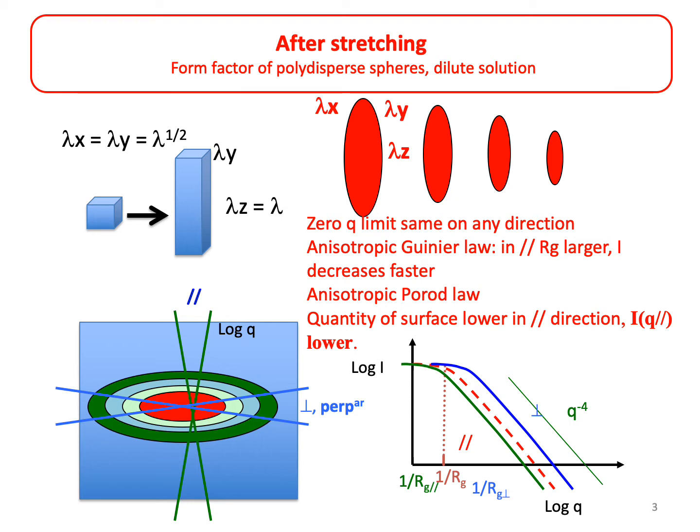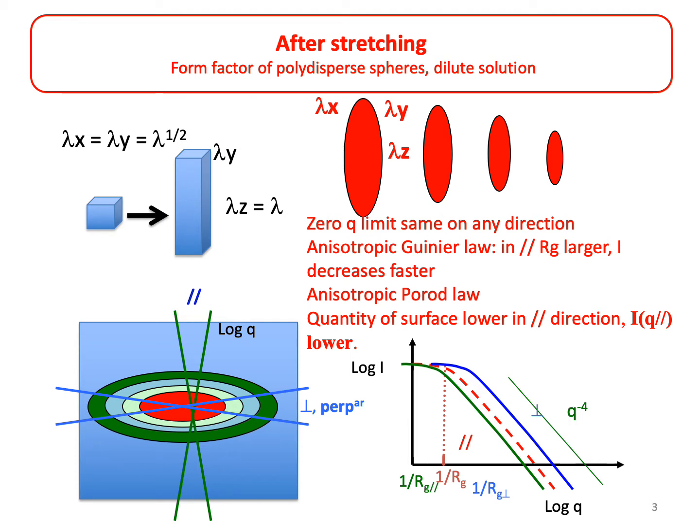If you look at the scattering in the log I, log Q representation, you see that now the scattering is shifted to the right for the perpendicular direction and to the left for the parallel one, which means that we have the same zero Q limit in any direction, and that along the parallel direction we have a larger radius of gyration, which means the intensity is decreasing faster, and at large Q on the same green curve we have a Q to the minus 4, which corresponds to a lower value than for the isotropic scattering, which is here in red.